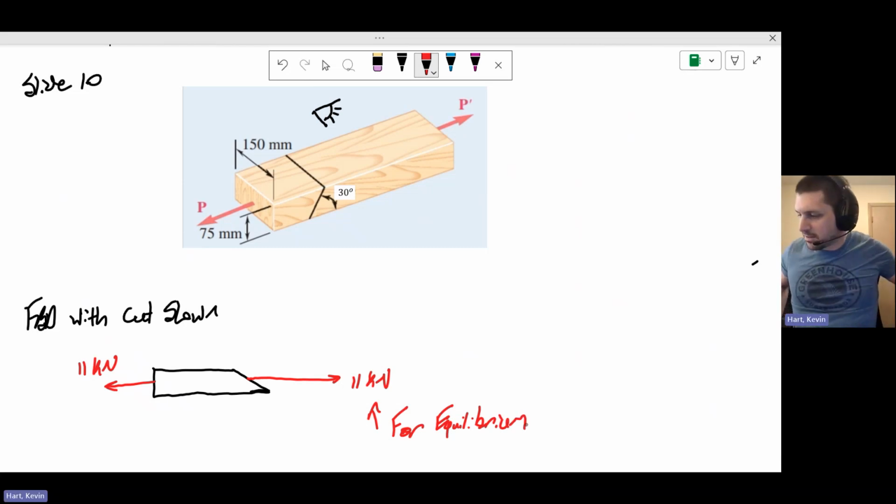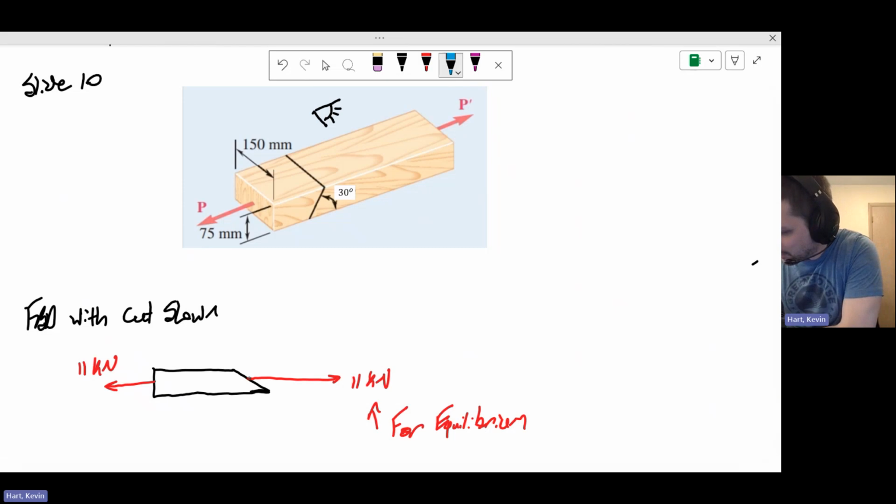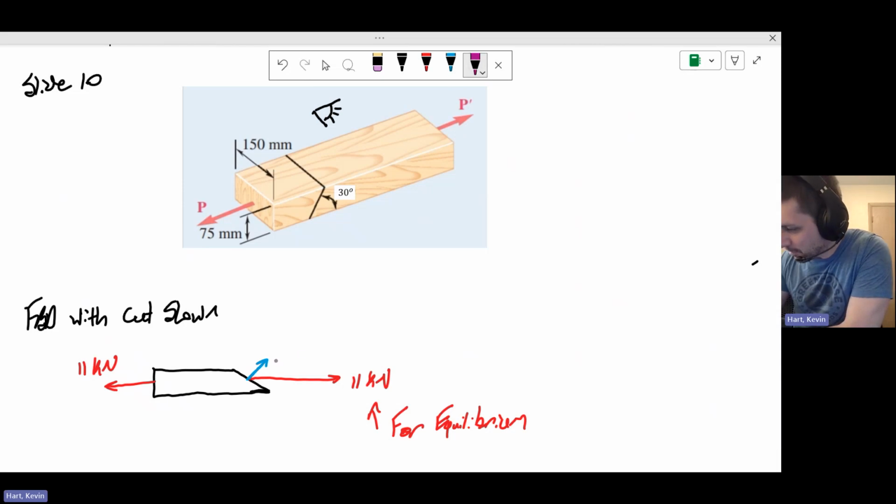But I know I can break this 11 kilonewtons up into some component of load that is perpendicular to the plane and some amount of load that is parallel to the plane. So let's go ahead and do that here. Maybe I'll use blue and purple to show those two different things. Here I have some amount that is perpendicular to the plane and some amount that is parallel to the plane.